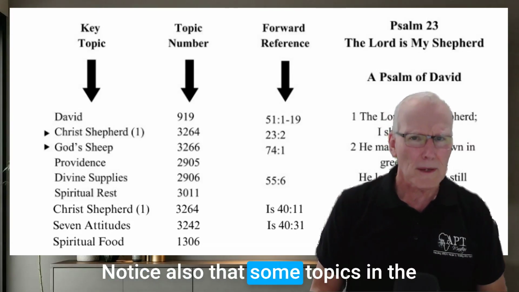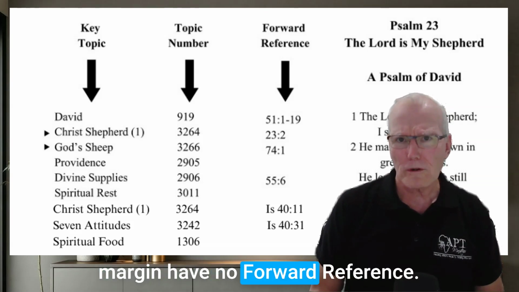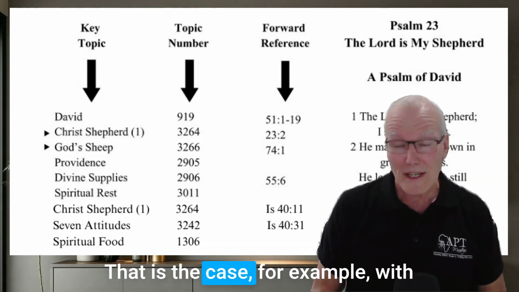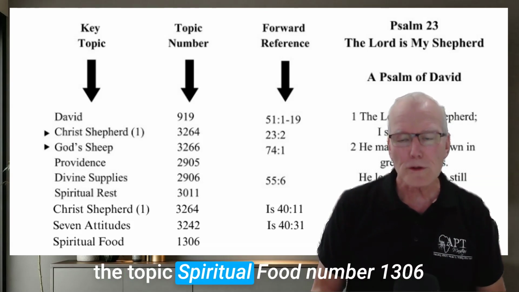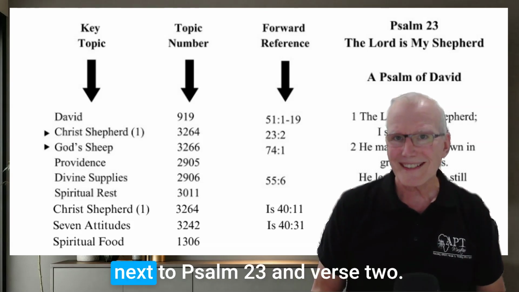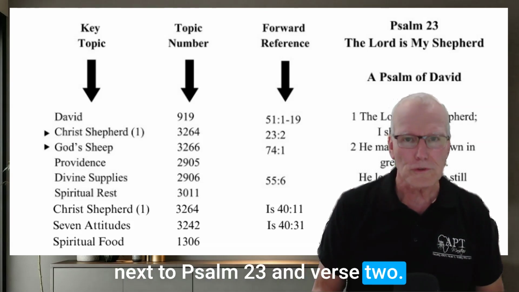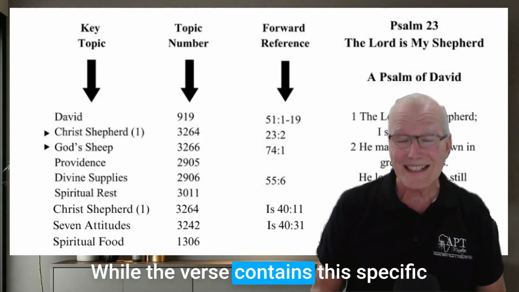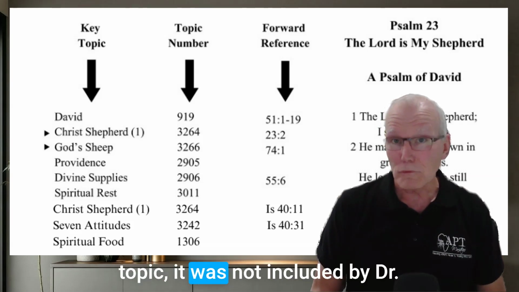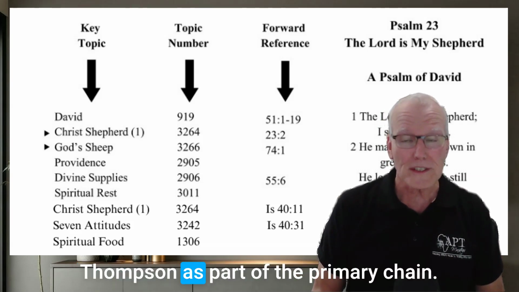Notice also that some topics in the margin have no forward reference. That is the case, for example, with the topic spiritual food number 1306 next to Psalm 23 and verse 2. While the verse contains this specific topic, it was not included by Dr. Thompson as part of the primary chain.